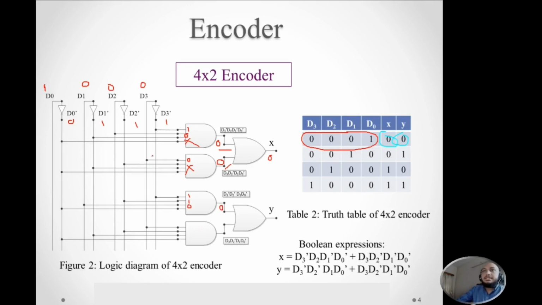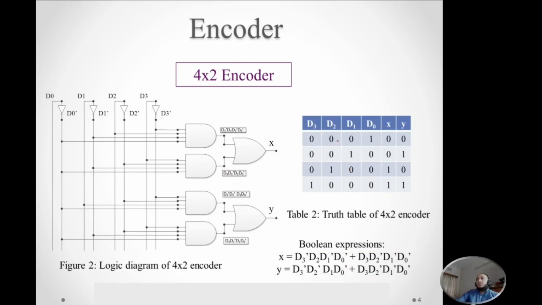For the next AND gate, we are getting d3, which is 0, so the output will be 0. So 0 0 will be the output for this input pattern. So our Boolean expression is correct, because we have designed the logic diagram using these Boolean expressions, and it is showing the correct output in the truth table.